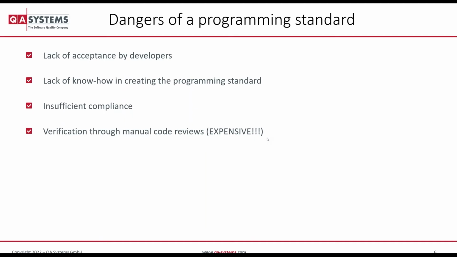Even if you have programmers who accept the coding standard, compliance is always insufficient. A coding standard has between 100 and 200 rules, and you cannot ask every developer to have them all in their mind all the time. So making mistakes and not fulfilling coding standard rules is just a normal thing.